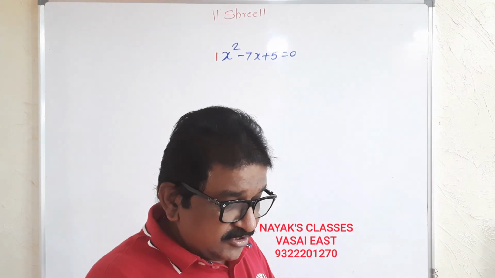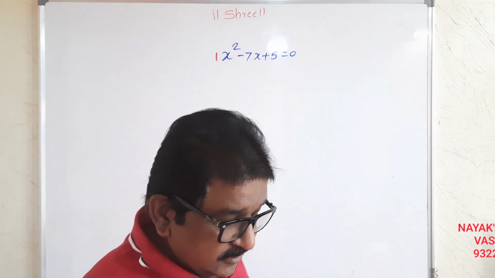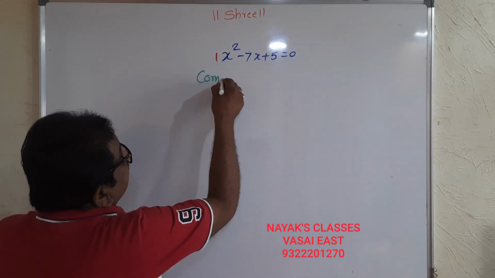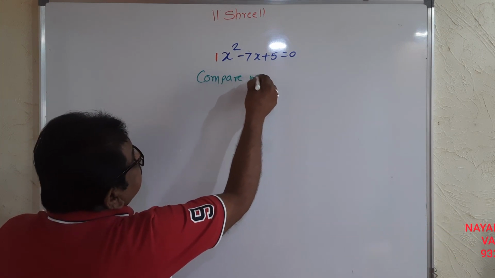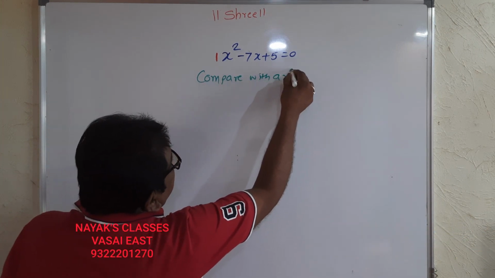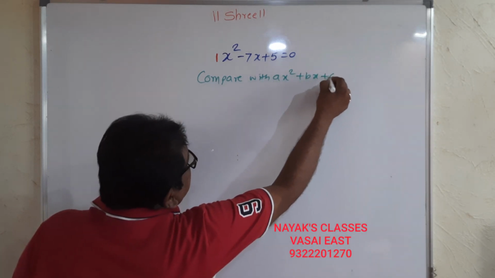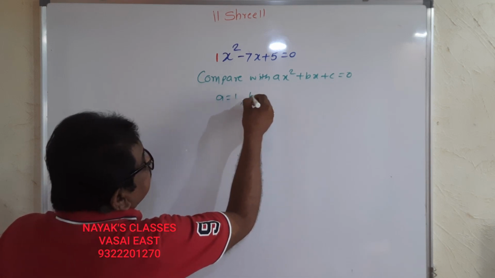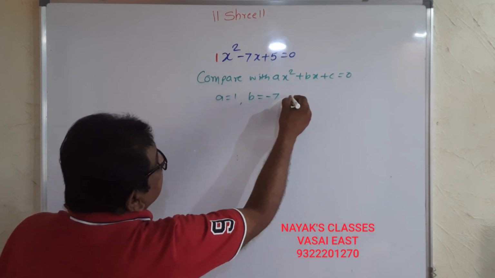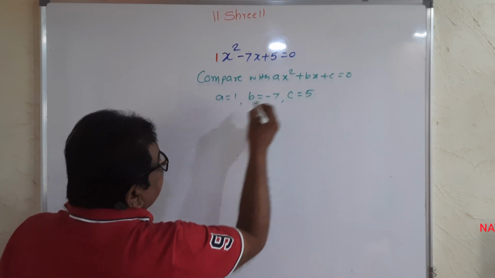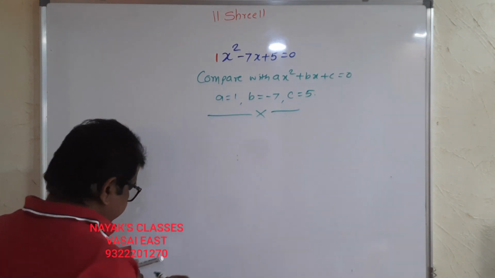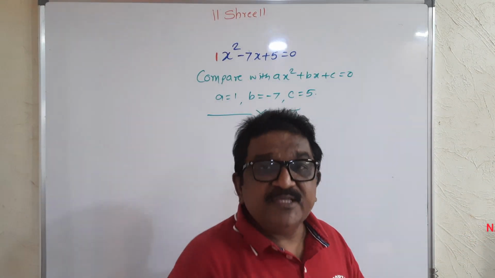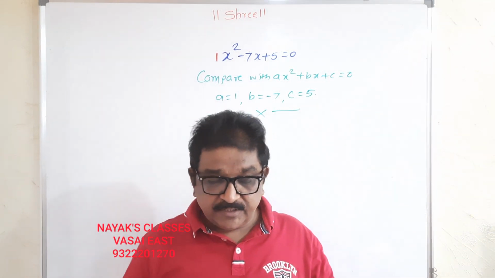So a, b, c values are written very simply. Compare with ax square plus bx plus c is equal to 0. a is equal to 1, b is equal to minus 7 and c is equal to 5. That's all. You have found the values of a, b, c.